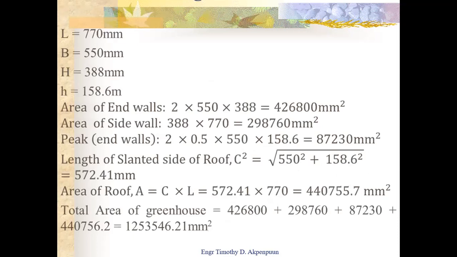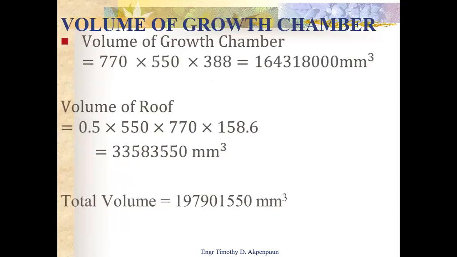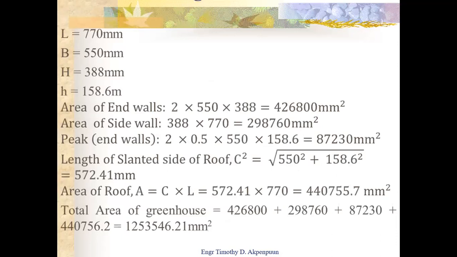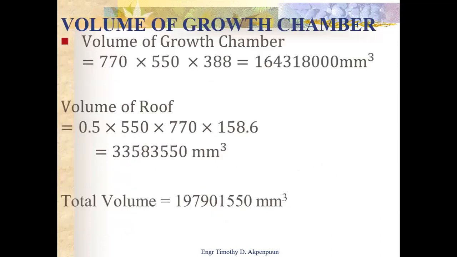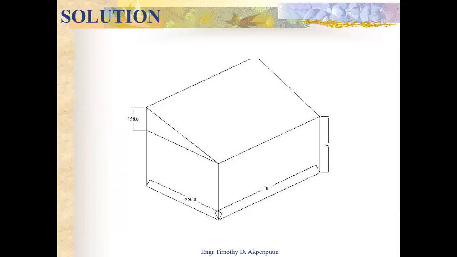Are we following me? Right, sir. Now, to get the volume, to cut this thing short, look at this diagram. You know that this is like half slanting a rectangle, like a matchbox by the diagonal. This is the roof.